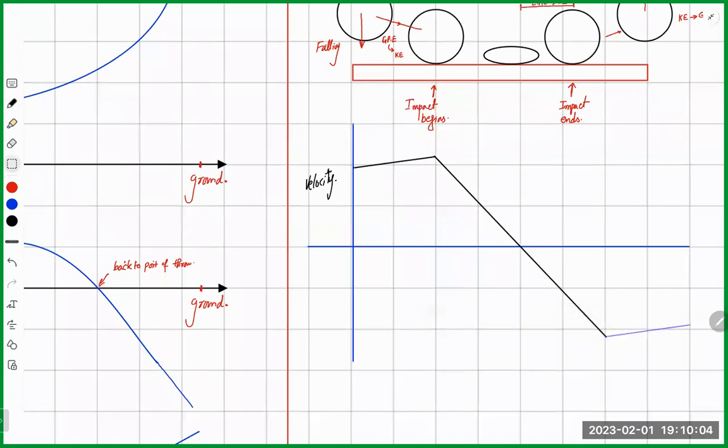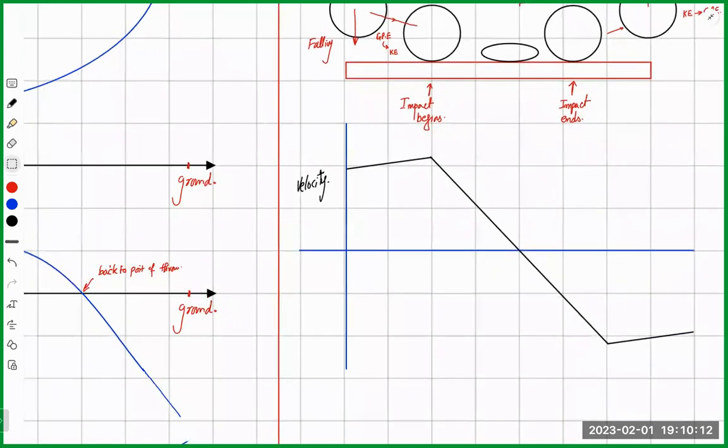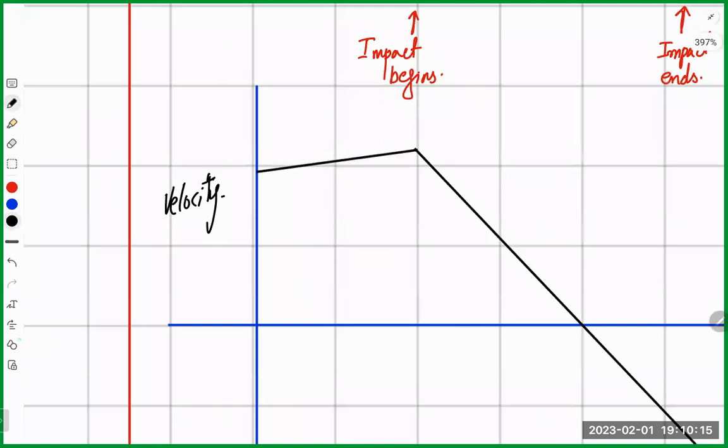And then this is happening. This is acceleration equals g downwards.